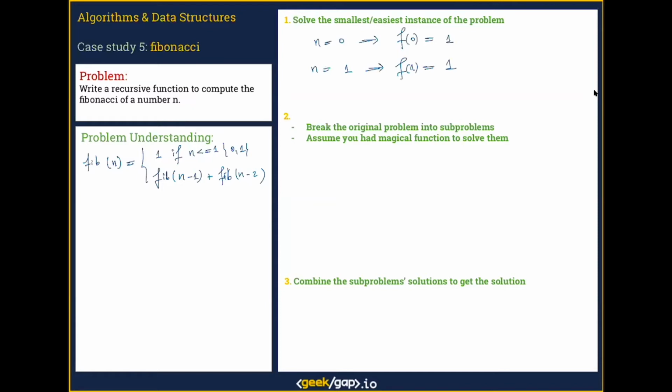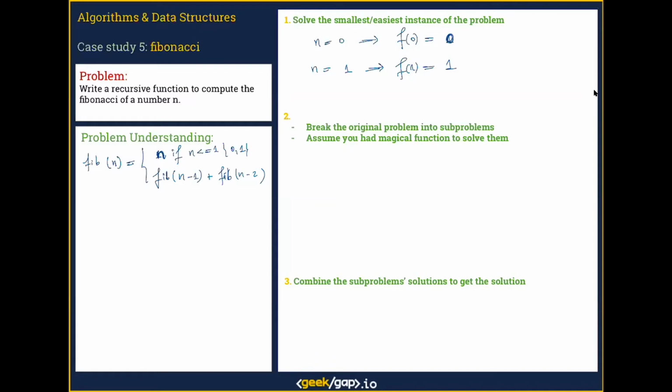What am I doing? Fib of 0 is 0. So it's equal to n if n is equal to 0 or 1. So fib of 0 is 0, fib of 1 is 1. That's how it's actually defined.